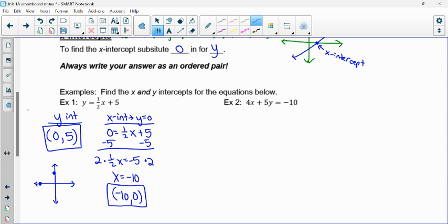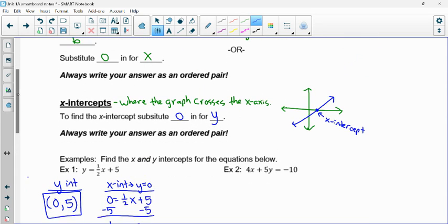For example 2, what form is example 2 in? Standard form, right? So can we just look at it and get the y-intercept for example 2? No, right? We were able to look at the equation for example 1 because it was in slope-intercept form.